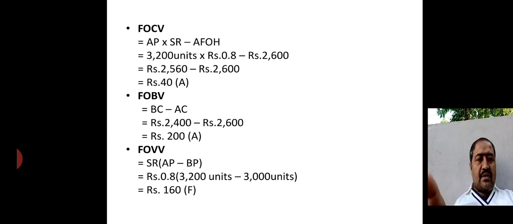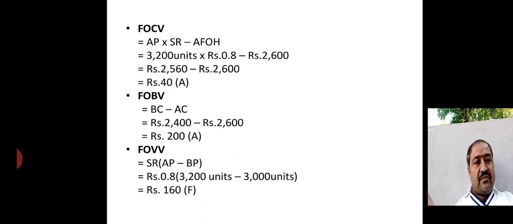So up to this level we are on the right path, and this is correct. If these 3 formulas are correct, then you go ahead. If this is not verified, then there is no meaning to go ahead. So this is the first step where you verify your answer.